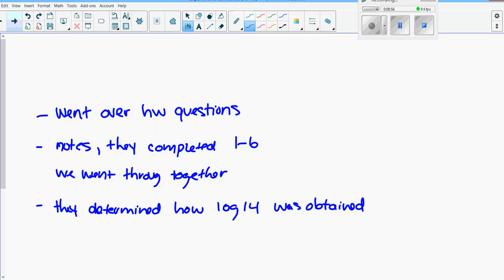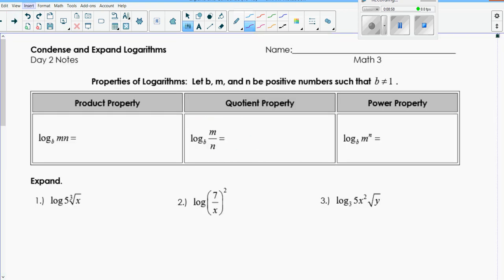Okay. So just as a review, the product property, the quotient property, and the power property. So if you see that m and n are being multiplied by each other, it means that you will be adding your logs together. Okay, so it means that you will be saying that this is log base b of m plus log base b of n.